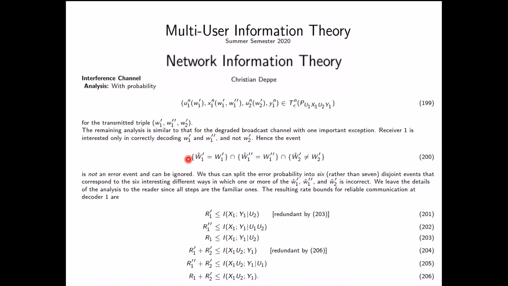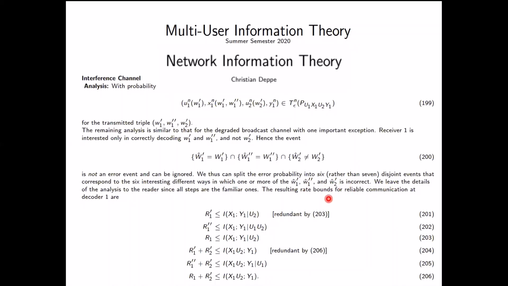That means that the event that the estimate of W1' is correct, the estimate of W12' is correct, and the estimate of W2' is not correct is not an error, and this can occur. We thus can split the error probability into 6 disjoint events, so we leave out this event here, that correspond to the 6 interesting events, a way in which one or more of the W1' and W12' and W2' is incorrect.